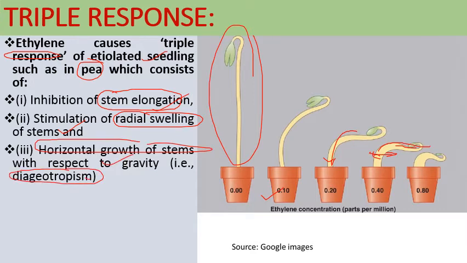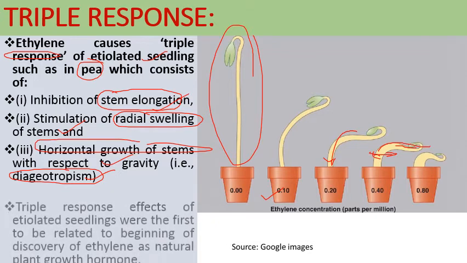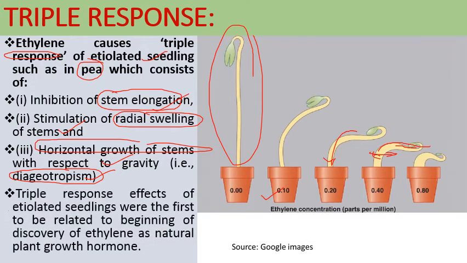So this term is used for this movement with respect to gravity, that is diageotropism. So the triple response affects the etiolated seedlings, and this was first to be related to the beginning of the discovery of ethylene. So this was the first experiment in search of this hormone, that is ethylene, as a natural plant growth regulator, which is responsible for these various responses.